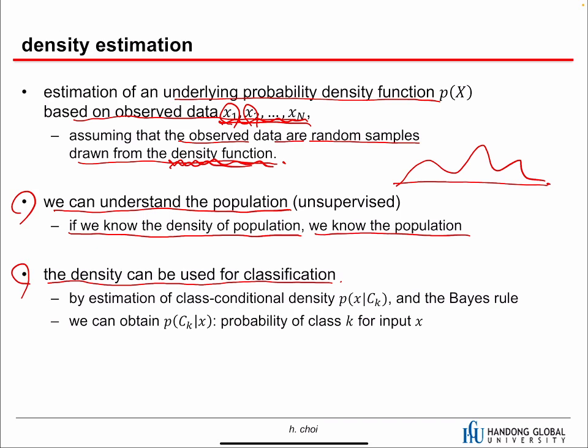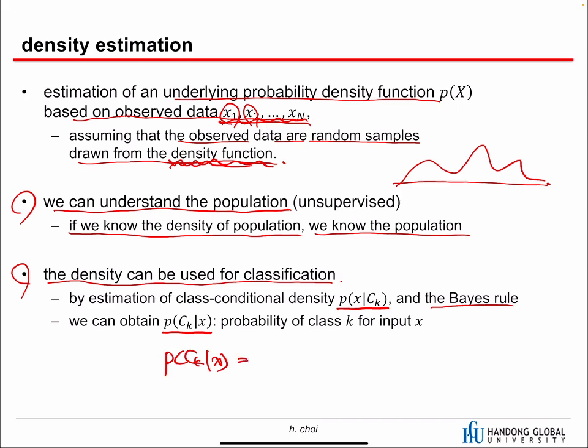If we have labels, then we can use density estimation for classification. Given the labels and the data samples, we can estimate the class conditional density P of x given C sub k, and then use the Bayes rule. P of C k given x is what we want for classification, right?